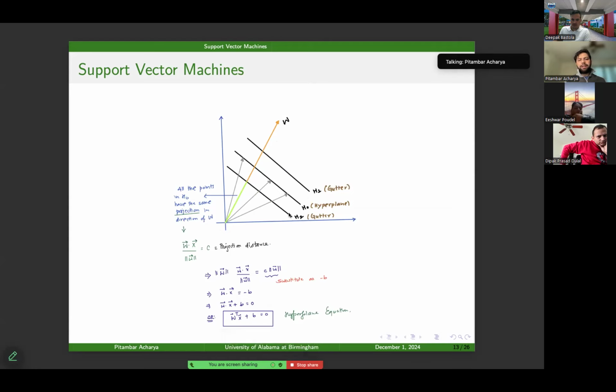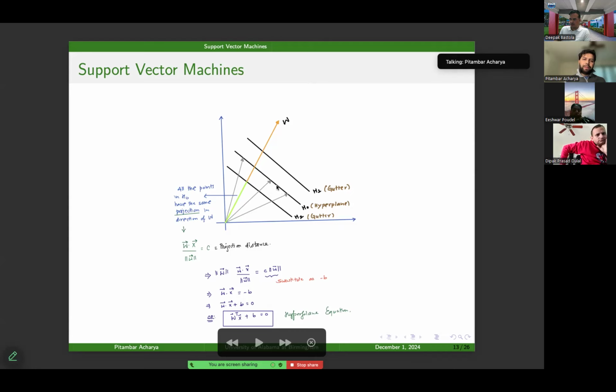This can be considered as a street, and the edges of the street are the gutters. We call these gutters S1 and S2, and S0 is the hyperplane. All the points on the hyperplane have the same projection in the direction of W. This gray line represents the points on the hyperplane.